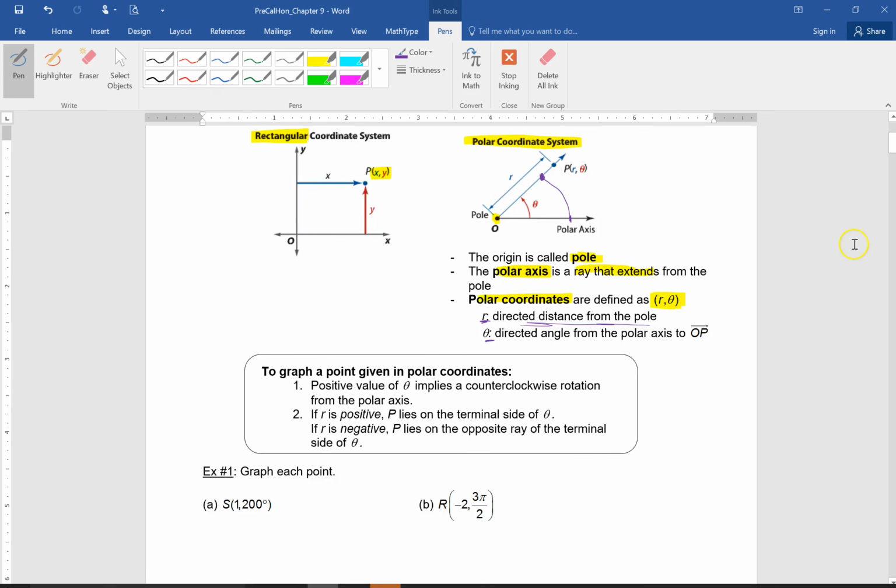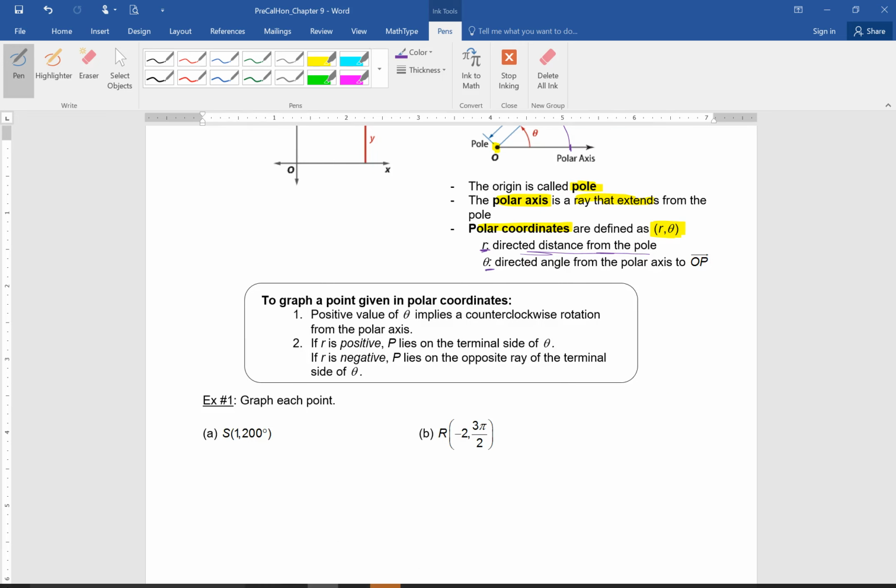Okay, so how do we graph a point in polar coordinates? If you have a positive value of theta, that just means you go counterclockwise from the polar axis, just like when you were drawing in chapter 4, an angle from the standard position. Okay, so positive is always counterclockwise.